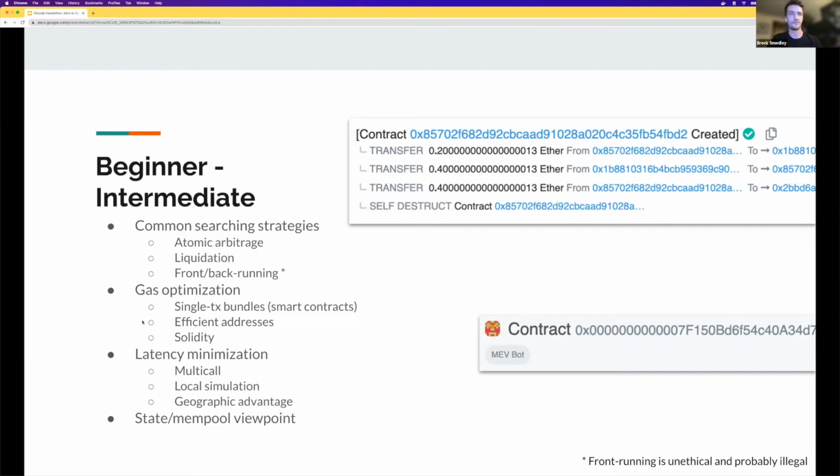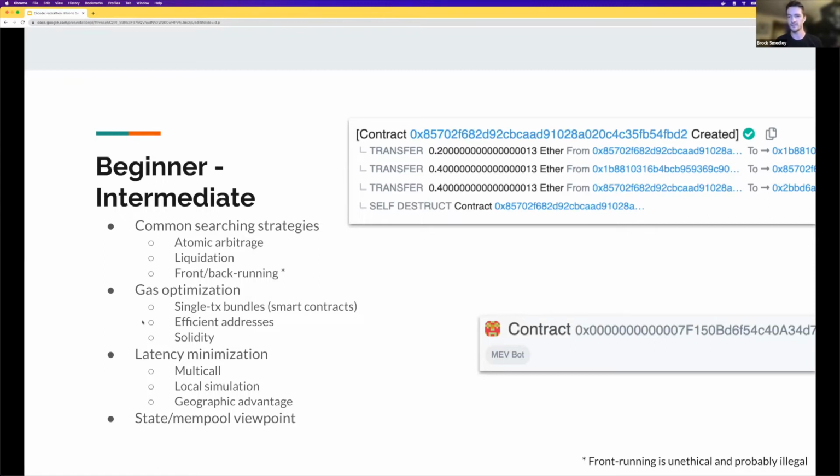The last most common strategy we see is front and back running. Front running is just putting a transaction in front of another transaction, and back running is obviously putting a transaction behind another transaction. A relatively well-known example of front and back running is a sandwich attack.